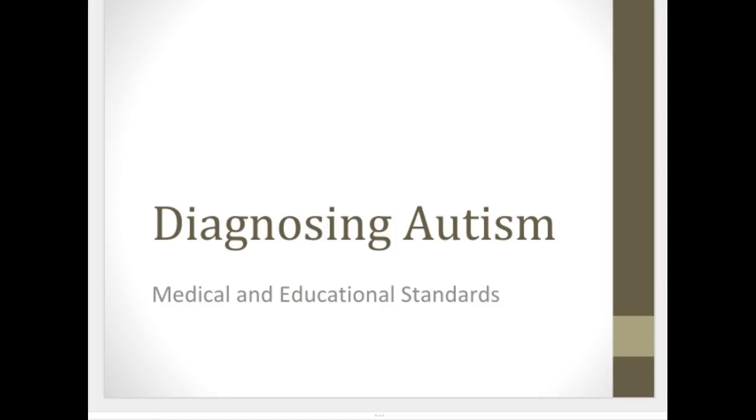All right, we're going to continue our discussion of autism and discuss the diagnosing of autism. It's important to understand that with this particular disability, you can have a medical diagnosis of autism and not be eligible for an IEP, or you could have the educational diagnosis of autism, which does make you eligible for special ed services, but not have a medically verified diagnosis of autism.